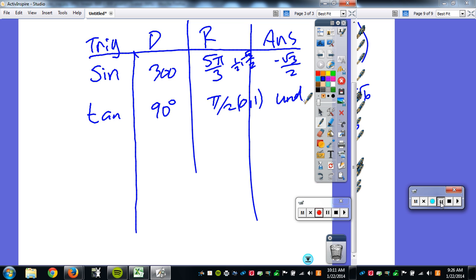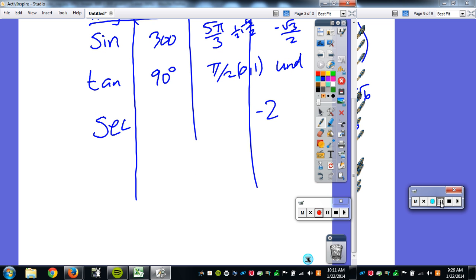What do you think the other way would be? The last one, they could say maybe, okay, where is secant negative 2? Okay, you guys want to see how I process through this with my brain? This is what I do. First off, I say to myself, well, secant is the same thing as 1 over cosine, right?